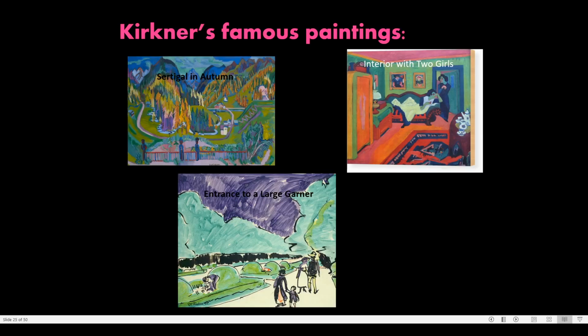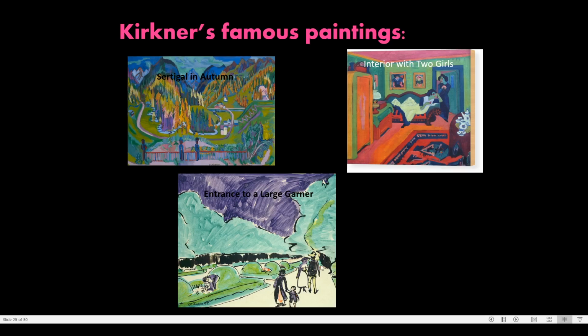So, these are the famous paintings of Kirchner. Sorry, the spelling is missing a CH here. That is just a typographical error. These are the famous paintings: Sertigal in Autumn, Entrance to a Large Garden, and an interior with two girls.